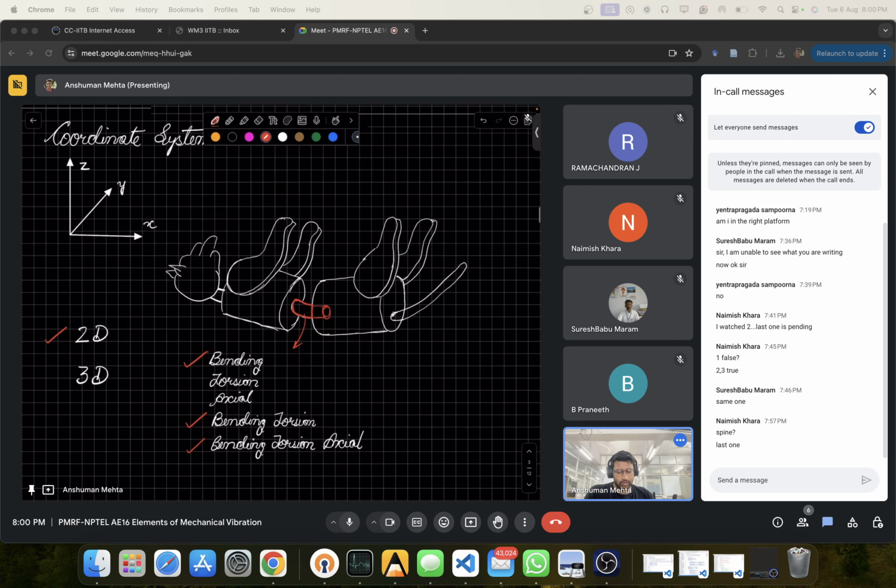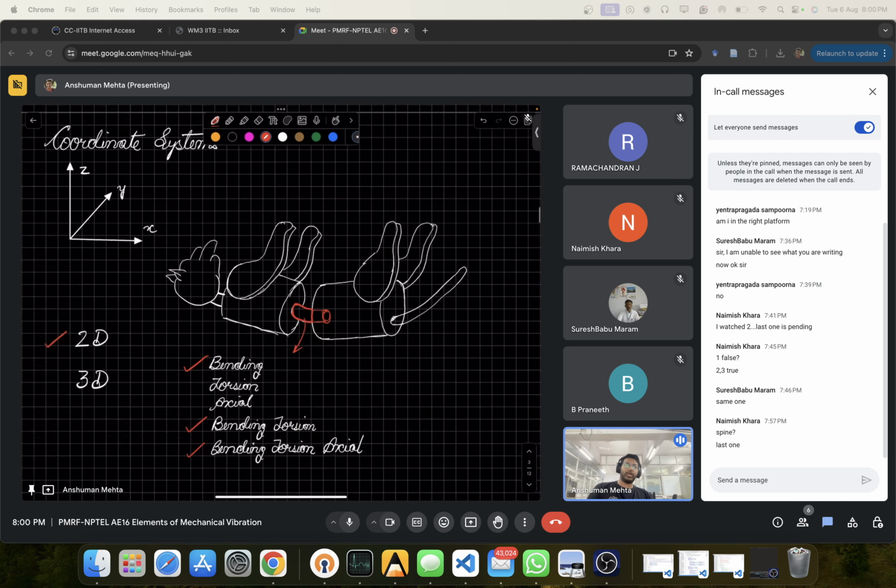So should I treat this problem as 2D or should I take bending element, torsion element?